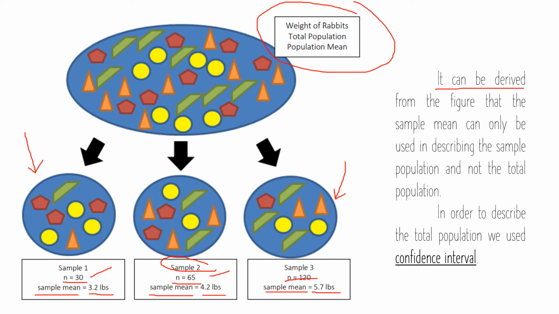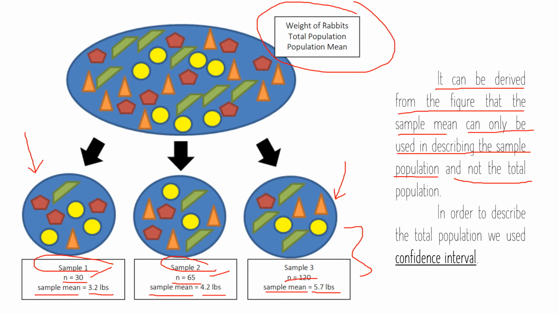It can be derived from the figure that the sample mean can only be used in describing the sample population, but we cannot use the data that we get from samples 1, 2, and 3 to describe the total population.